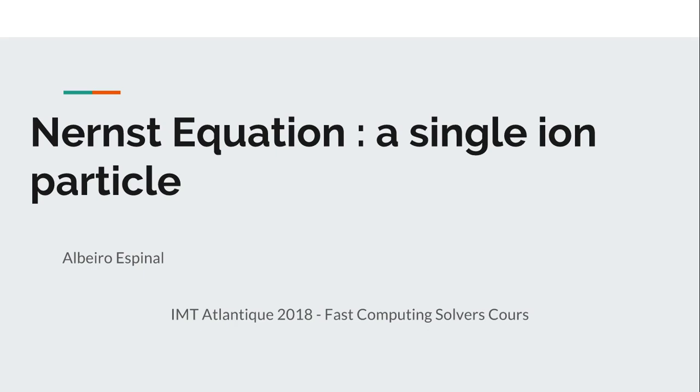Let's move right now to the Nernst equation. Why is it very important to know about this equation? With the Nernst equation, we can model the potential in general given one ion in a solution.